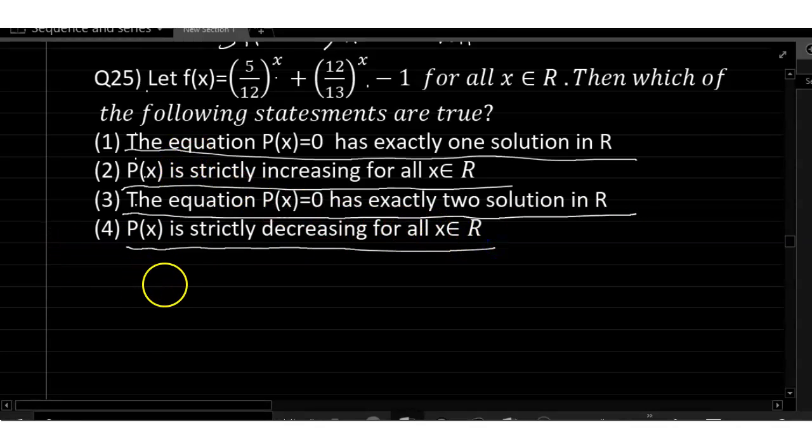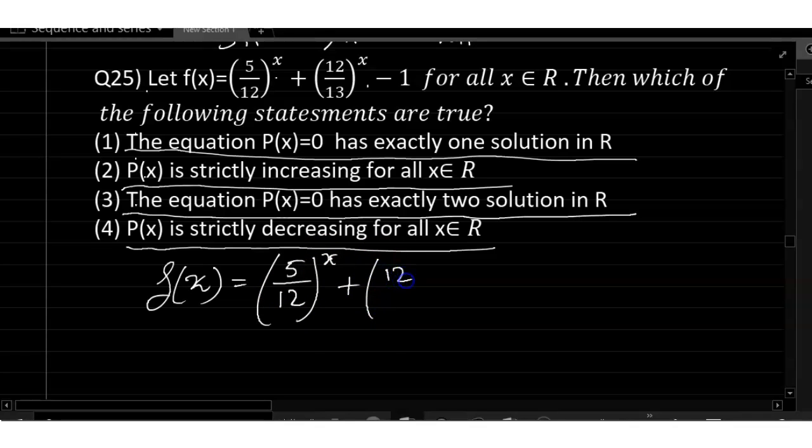So f(x) is equal to (5/12)^x plus (12/13)^x minus 1.